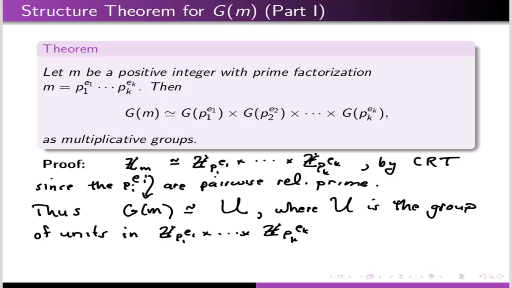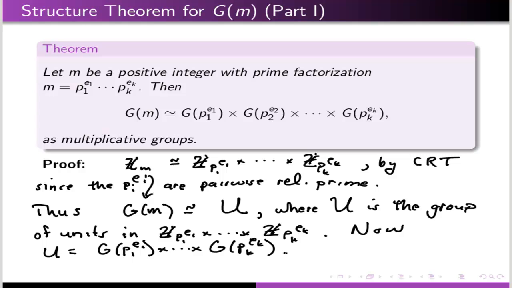And if you want to get the group of units in a Cartesian product of rings, you have to have coordinates such that the first coordinate is a unit in the first ring, the second coordinate is a unit in the second ring, and the last coordinate is a unit in the last ring. So the group of units on the right-hand side is just the group of units mod p1 to the e1 cross the group of units mod pk to the ek. And so we are done.